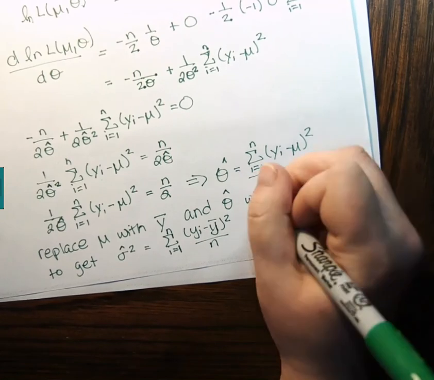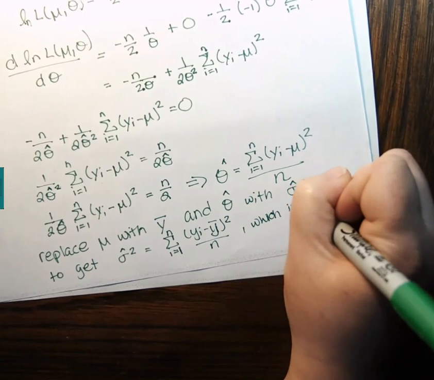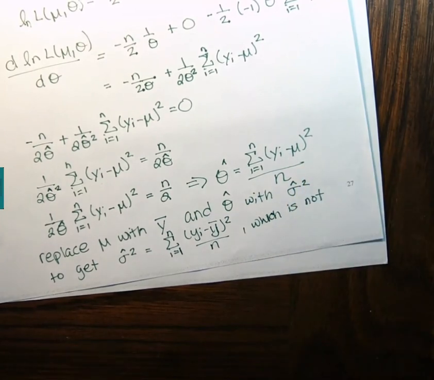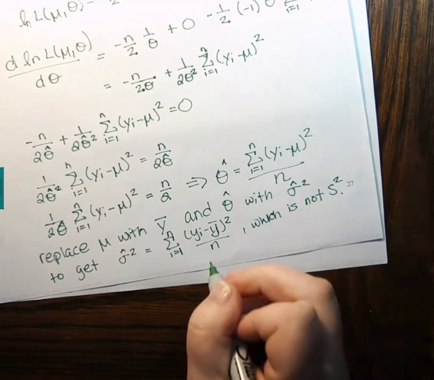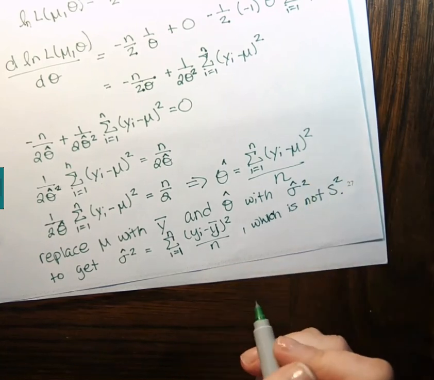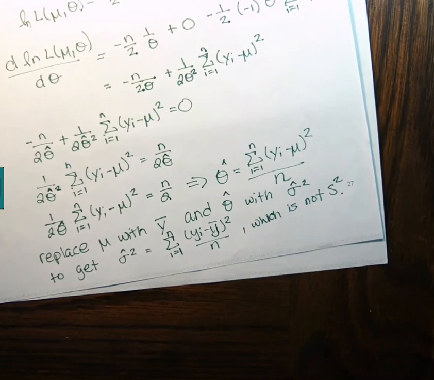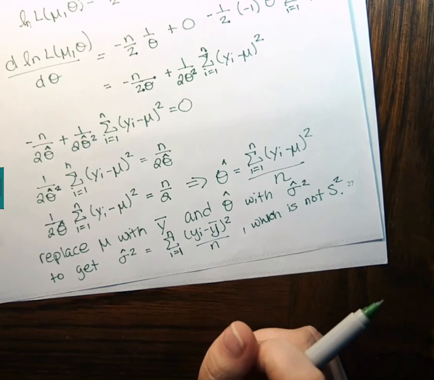But notice, this is not the typical estimator we use for the variance. And so this is not s squared, because remember s squared has an n minus 1. So we get that y bar is the MLE for mu, but the MLE for sigma squared is the estimator that has n, not n minus 1, in the denominator.